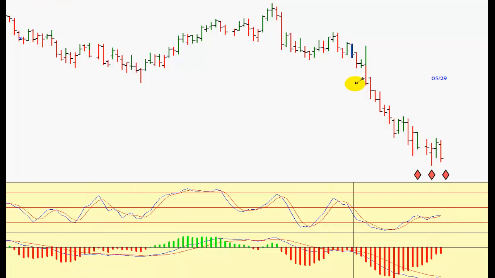So let me just mark that here so there's no mistake of what I'm saying: if prices do not go below this low, as we go into this next short-term turn period, which is marked by the red diamond, but instead prices come in and break this high that you see here, this pivot high, that would be a good buy opportunity, because the market then would be proving itself that there is something significant about this 529 low. So that's something to look for.